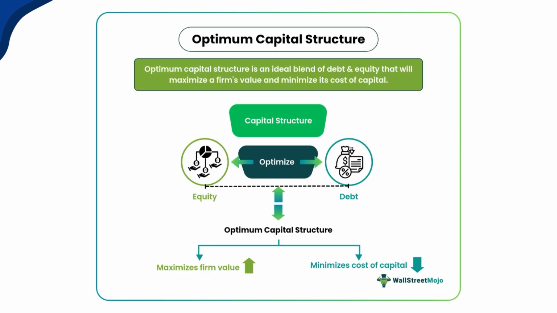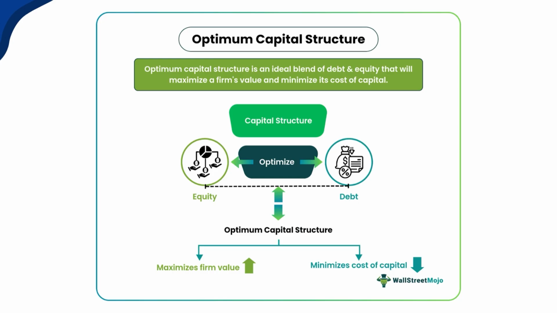We have here a figure. So, on the top, it defines optimum capital structure as the ideal blend of debt and equity that will maximize a firm's value while minimizing its cost of capital. So, the capital structure box represents the choices a company has in financing.